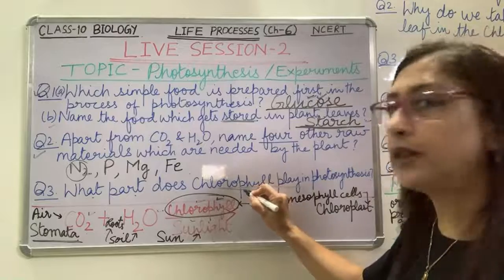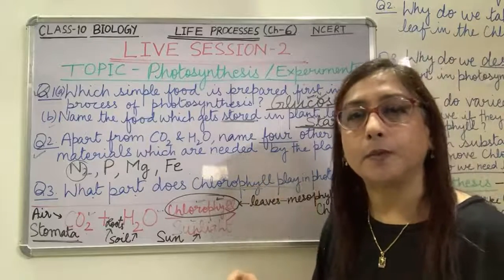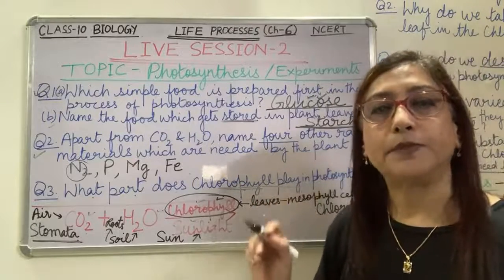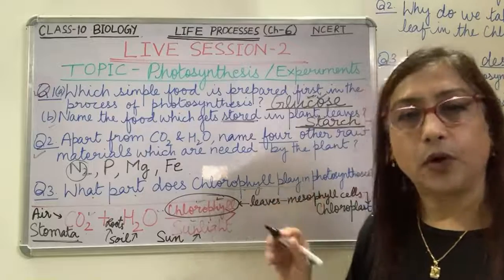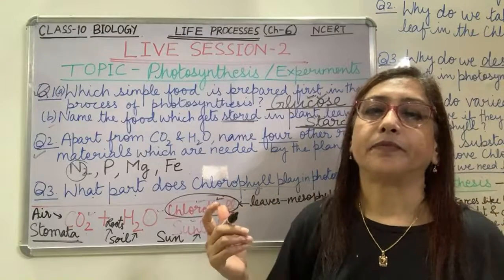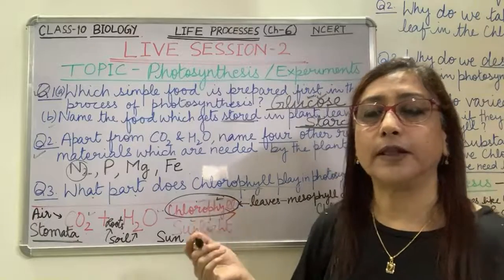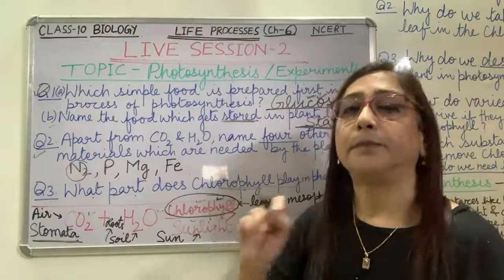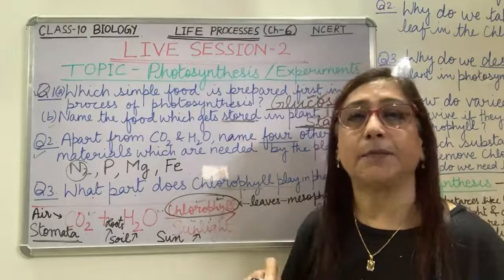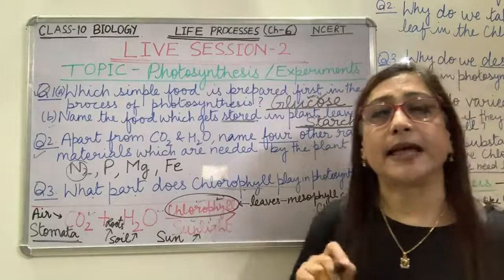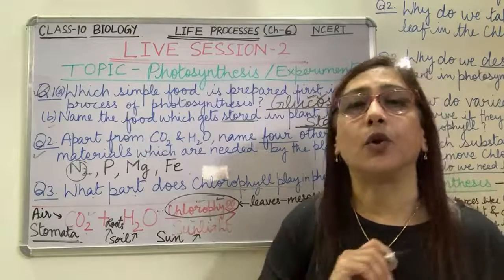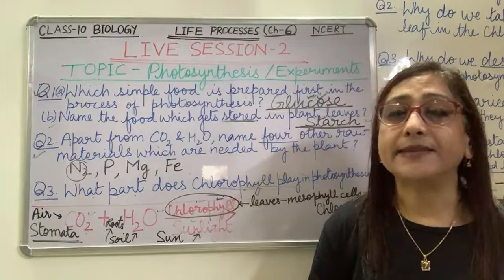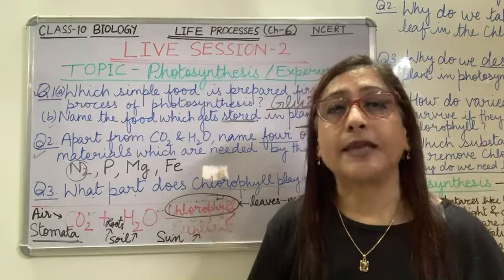It is this chlorophyll molecule which absorbs the sunlight, sunlight energy. So this is the role of the chlorophyll molecule. No other pigment or any other organelle in the plant has the capacity to absorb sunlight energy.